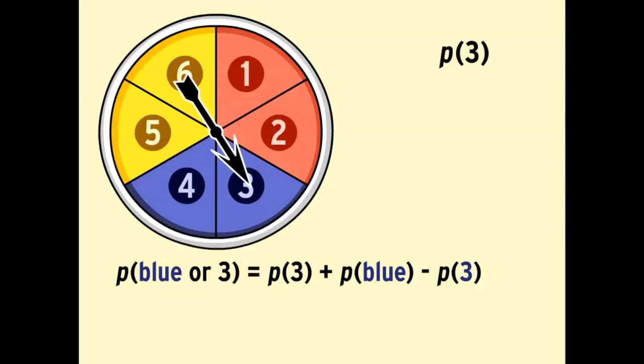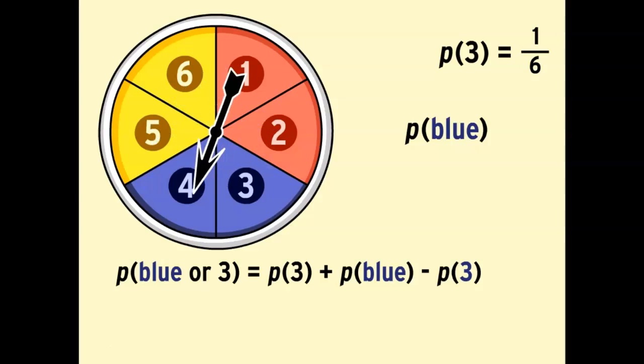We already know that the probability of spinning a 3 is 1 out of 6. And the probability of spinning a blue is the same as it was for yellow. That's 2 out of 6. So the probability of spinning a blue plus the probability of spinning a 3 is 3 out of 6. The blue 3 gets counted twice, once for being a 3 and once for being blue. This is because the events are inclusive.